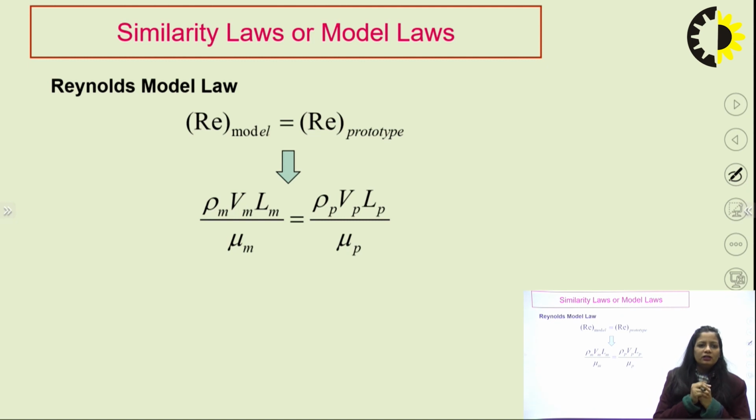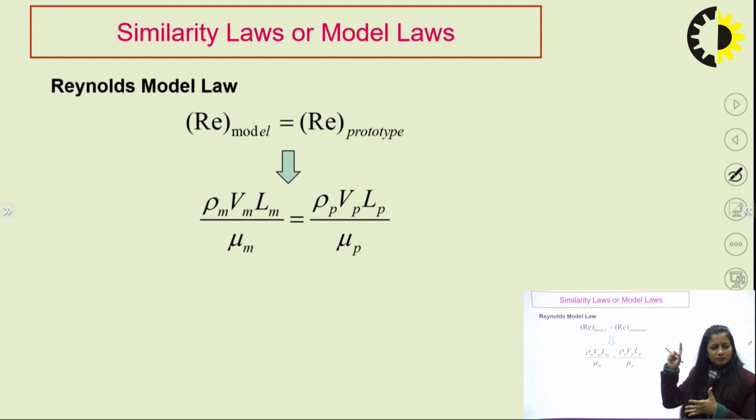The Reynolds number for the model at a particular point should be equal to the Reynolds number of the prototype at the corresponding point. That statement will be your Reynolds model law.